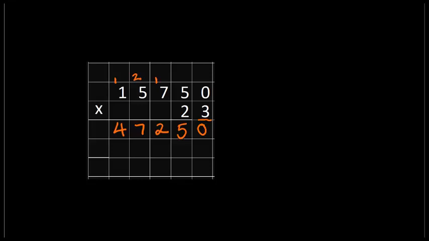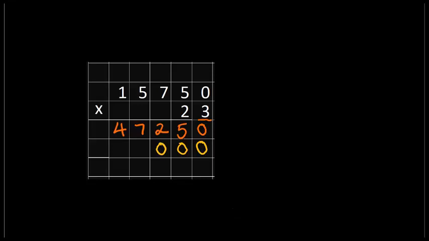Next up, we are going to do the 20. So we start by writing the 0 because we are doing tens, right? If we were multiplying by 200, we would add 2 zeros instead of 1. So we put 2 zeros at the bottom, but because we're doing tens, we're putting 1 0. 2 times 0 is 0. 2 times 5 is going to be 5, 10.